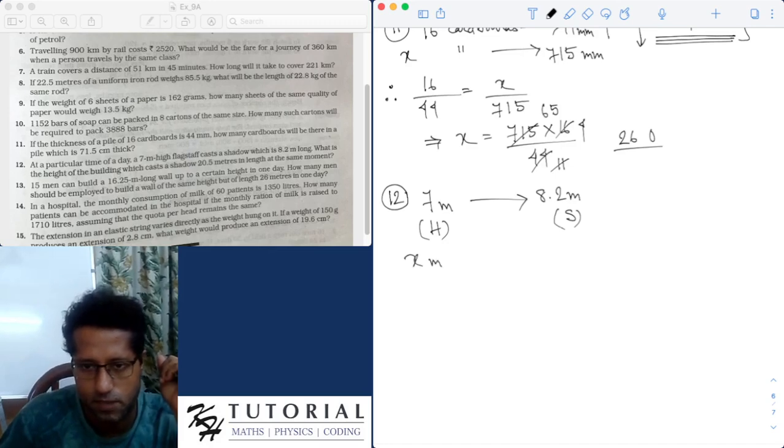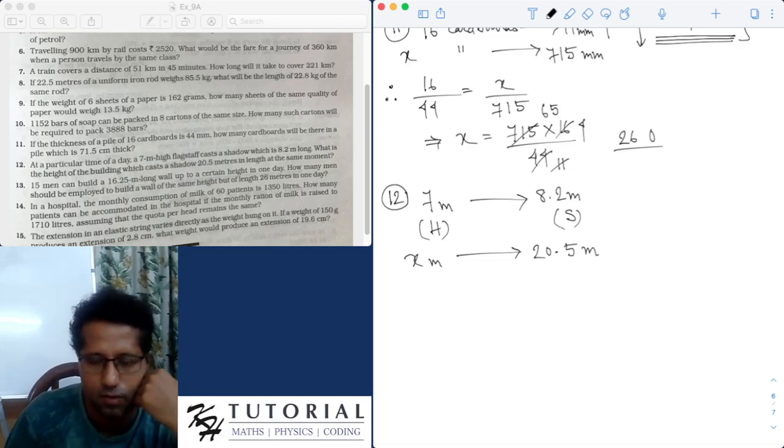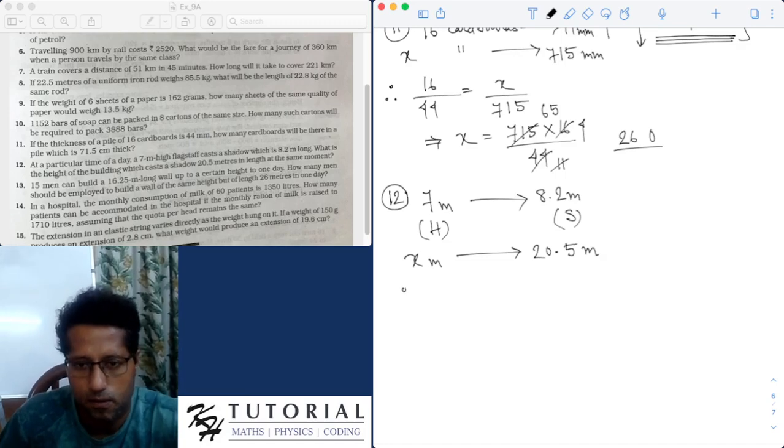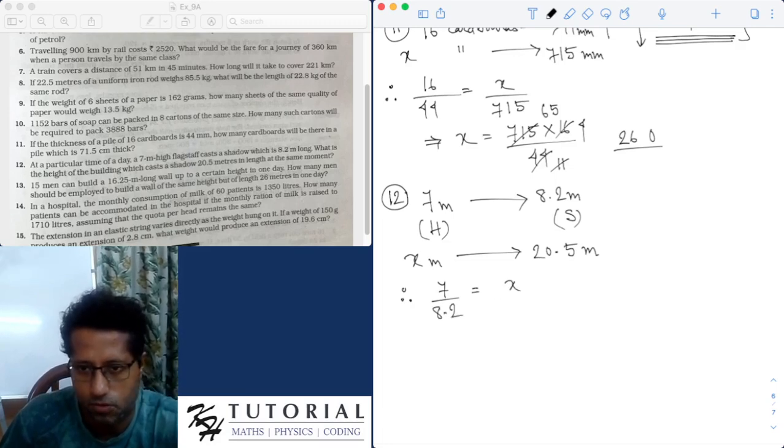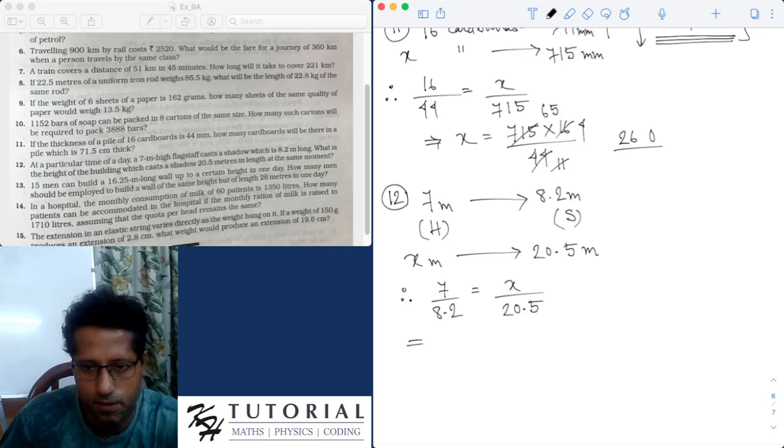So x meter building is casting a shadow of length 20.5 meter, and we know that the ratio 7 by 8.2 will be same as the ratio x by 20.5. This implies x equals 20.5 multiplied by 7 divided by 8.2.